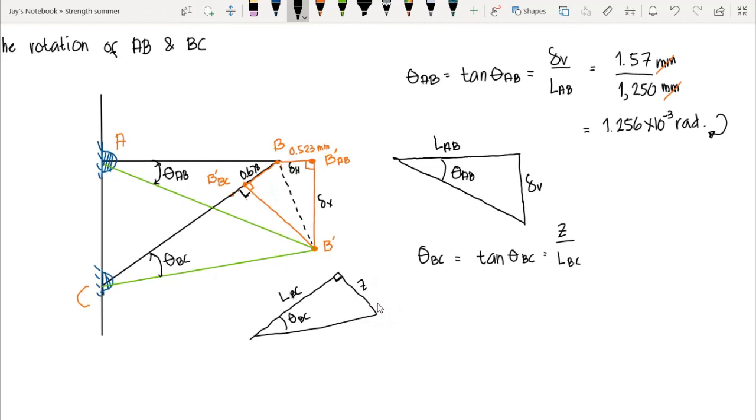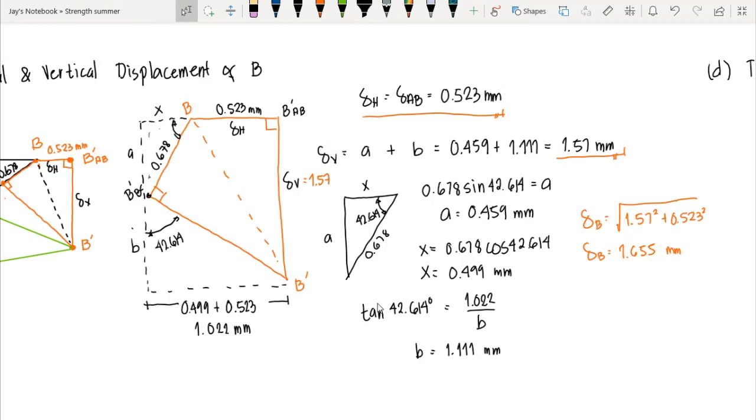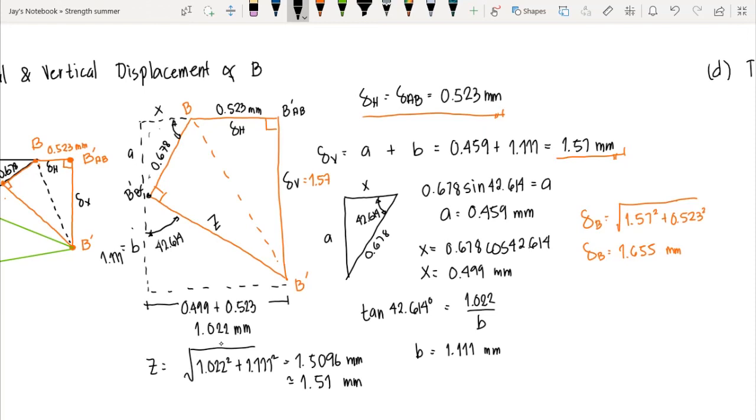But Z can be computed by going back to this deformation diagram. Using this 1.022 millimeter and this B, which is 1.111, Z is equal to the square root of 1.022 squared plus 1.111 squared, and this gives us 1.5096 millimeter, or only 1.51 millimeter. So that is the value of Z.